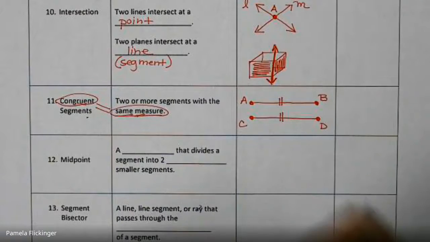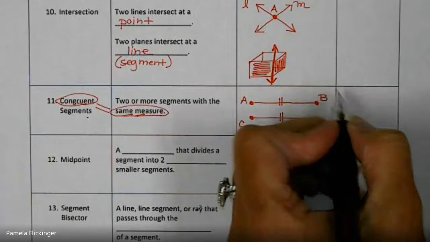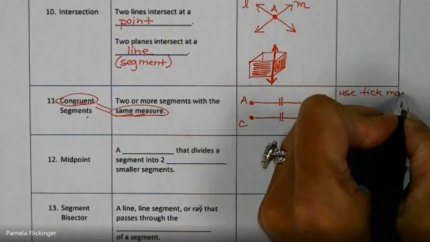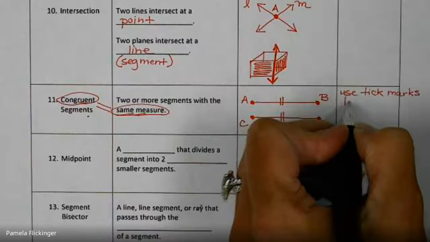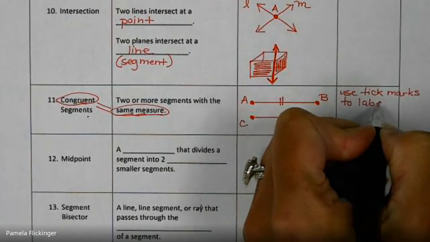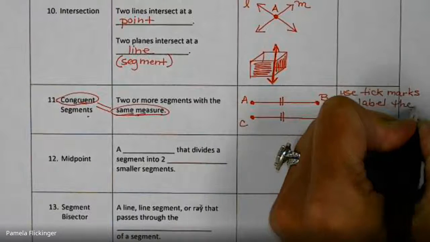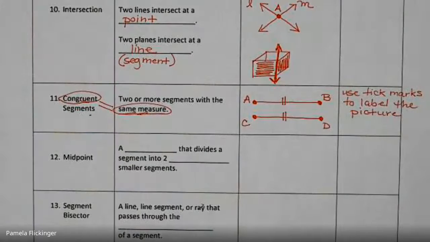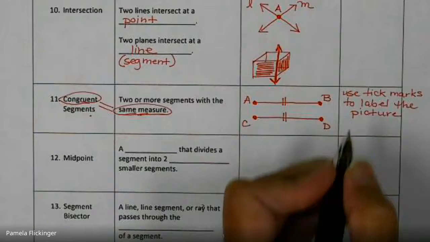All right, so over here, remember this column was how to name. So we're going to use tick marks to label the picture. Now, the symbol for congruent.